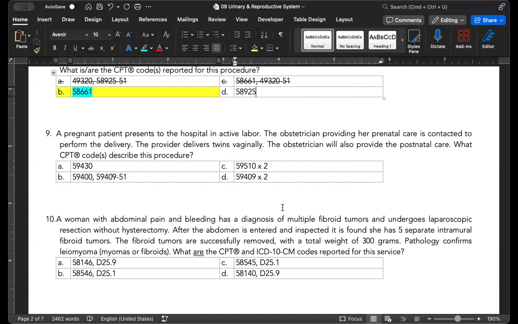So we have an obstetrician doing prenatal care, the same obstetrician providing the delivery for the twins, and they are also expected to provide the postnatal care. Do you think we should use a global package for the twins, or something else?